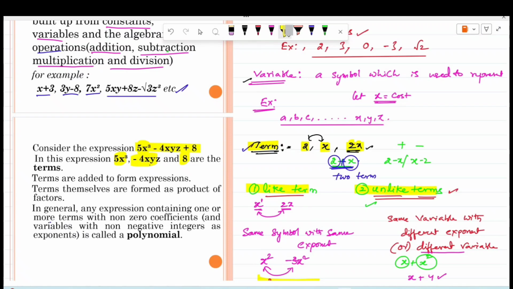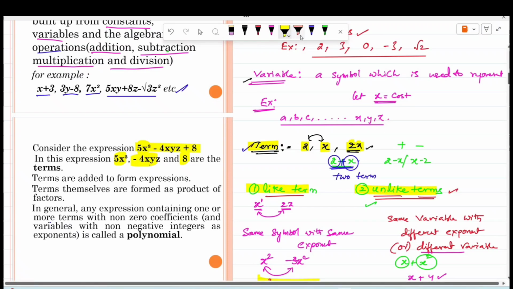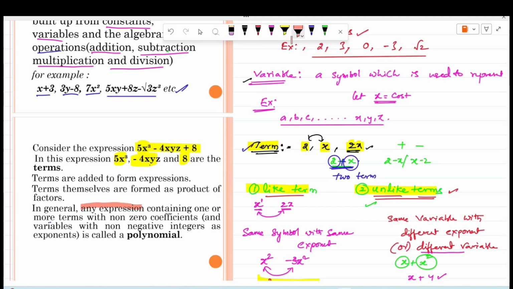Now, based on the terms only, we have to frame a definition of the polynomial. What is the definition of a polynomial? Here I attached it, you can see. In a general way, an expression contains one or more terms with non-zero coefficients. This is very important: non-zero coefficients and variables with non-negative integers as exponents.